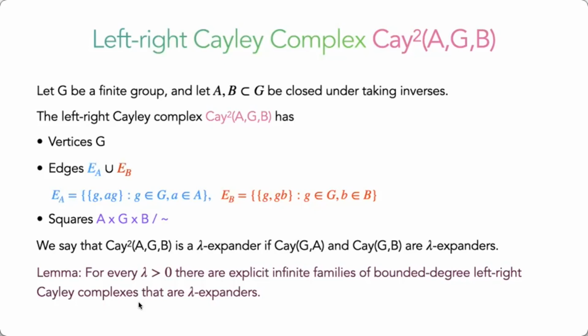Even though every vertex has only a few neighbors, when you try to separate a set of vertices, you cannot do it. Take a set of vertices, there are many edges going out. That's conceptually. And technically, a good proxy for this is to look at the second largest eigenvalue, and when I say a lambda expander, I mean that the second largest eigenvalue, normalized, is bounded by lambda.